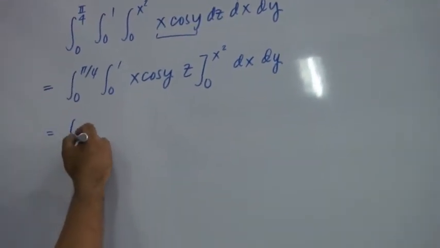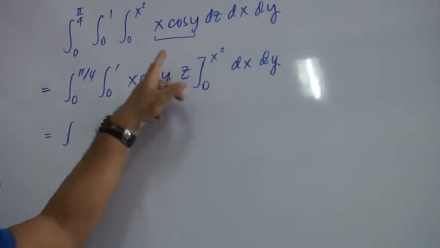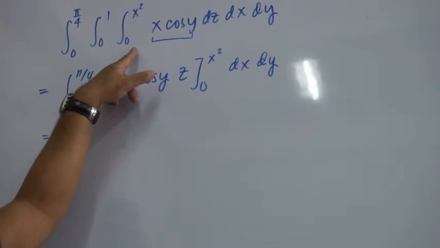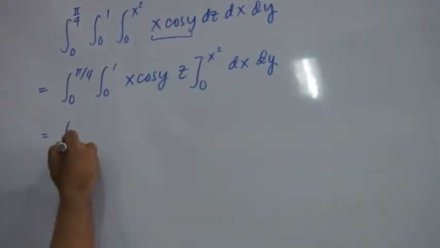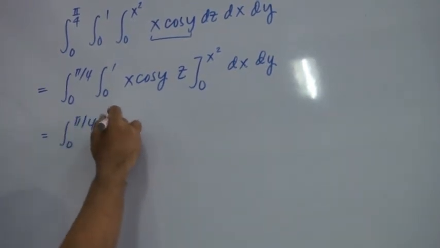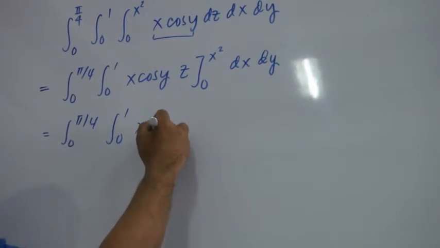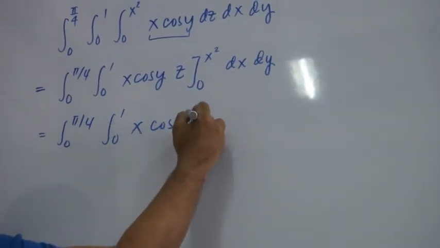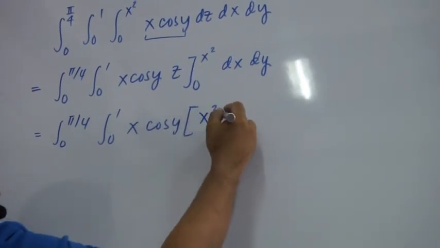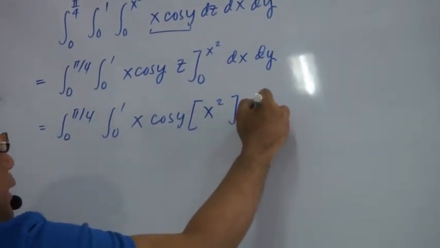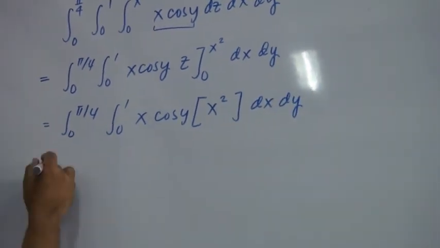Then apply the limits on z, because the first integral is with respect to z, okay? So copy the integral of x cosine y, then apply the upper limit x squared minus 0, that's x squared, then with respect to x, then with respect to y, okay?